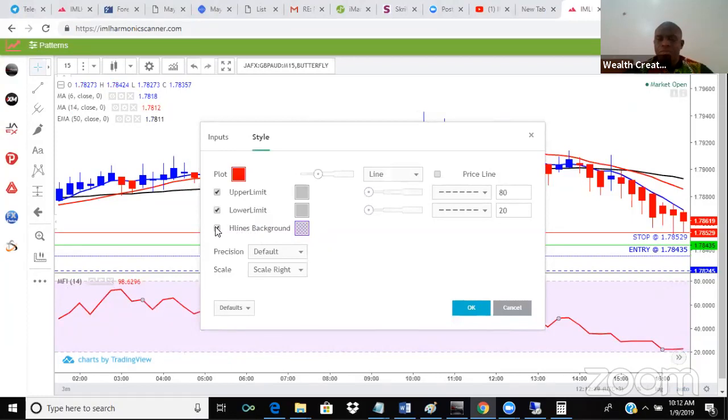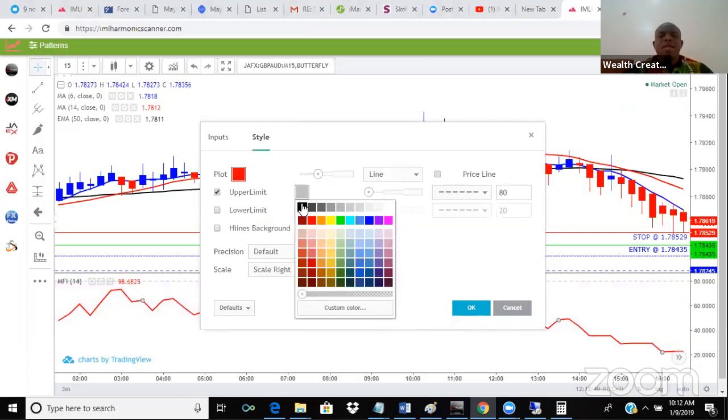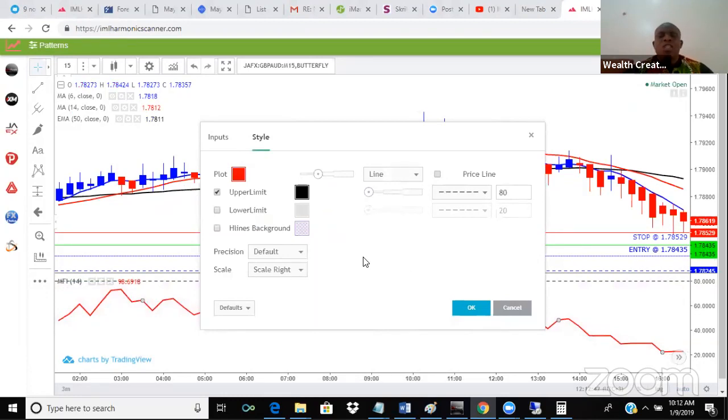step by step. I will remove my background color. I will also remove my lower limit, and I will change my upper limit to black, which allows me to see it clearly. My upper limit remains. I'll also make it bold and change it to a single line instead of thick lines. Then I make my upper limit 50.